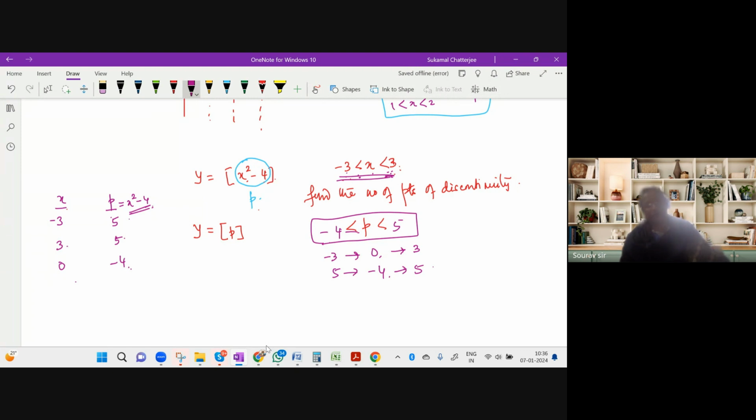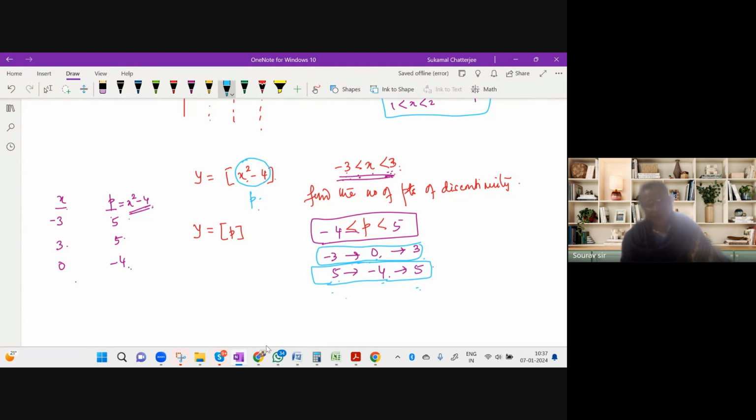Everyone? x is going from -3 to 0, and p is going from 5 to -4. And when x goes from 0 to 3, p goes from -4 to 5. And -4 is included, 5 is not included.